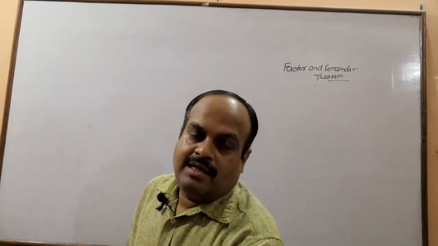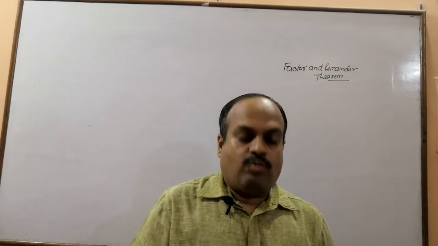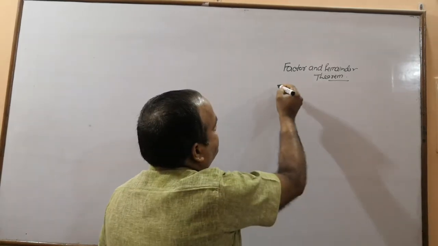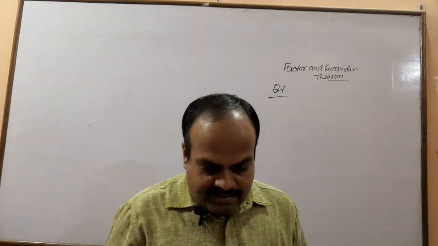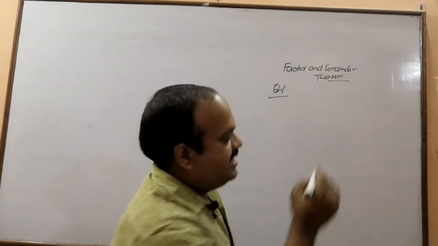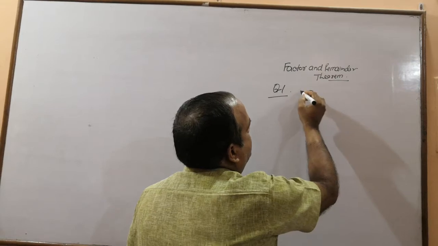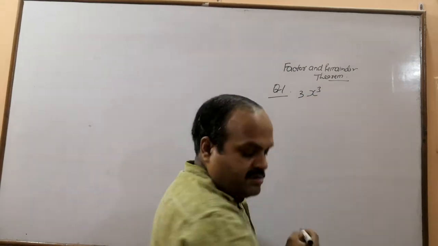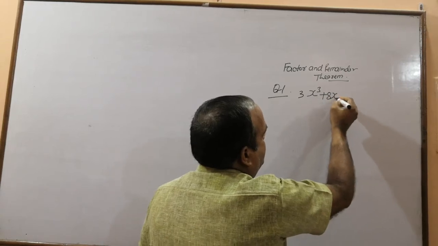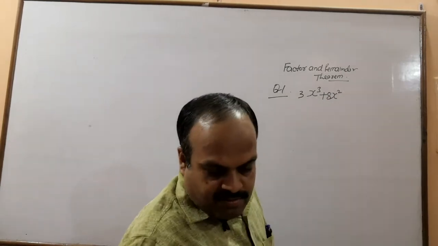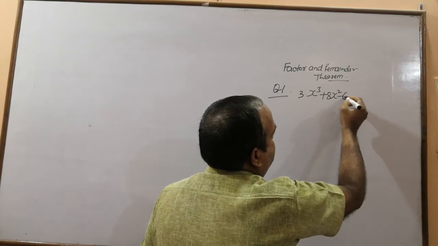exercise 7. I start with question number 1. We have a polynomial 3x cube plus 8x square minus 6x plus 1.